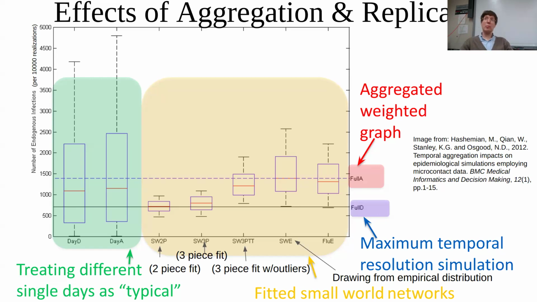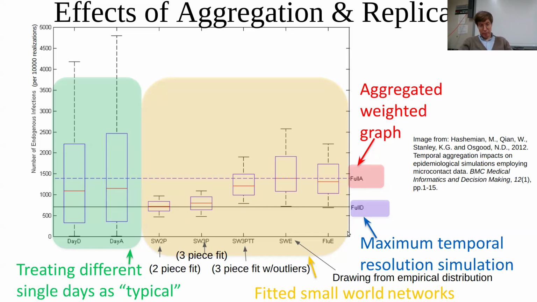Now we'll simulate infection spread across that for a much longer period, taking that as a typical day, thinking schedules are regular enough that would give a good understanding of how infection would spread over high school over many days. It turns out you have high variability in the results, and it tends to much overstate what you could get by characterizing at a very detailed level every 5 minutes, for example, people's contact patterns.